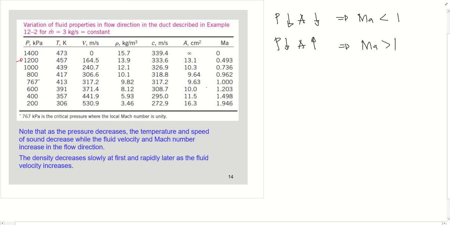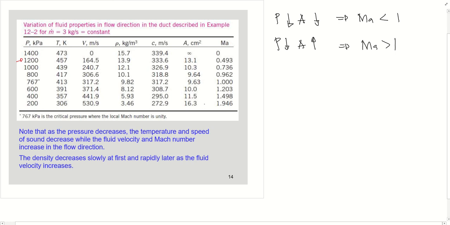At this stage the area is now increased. For example, at 600 kilopascal it is 10, at 400 it is 11.5, and then at 200 it is 16.3. So the area increases significantly.